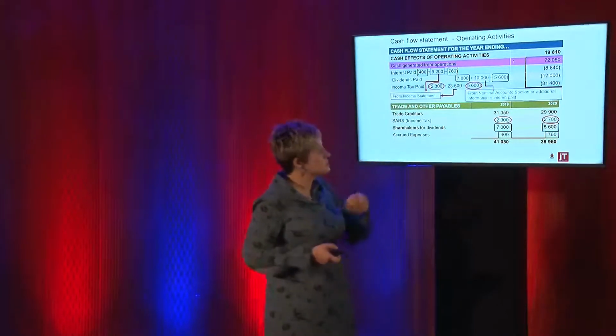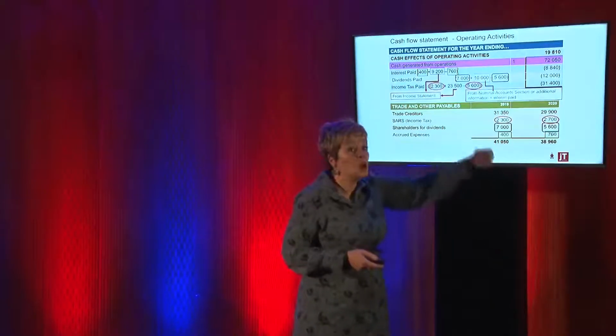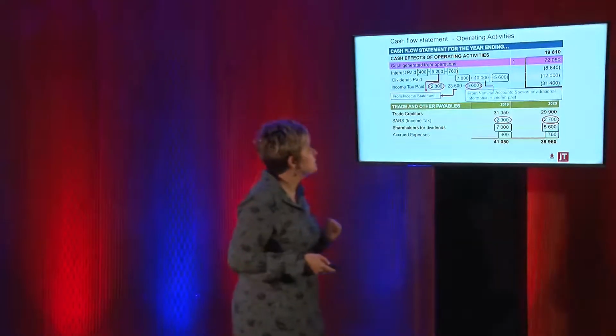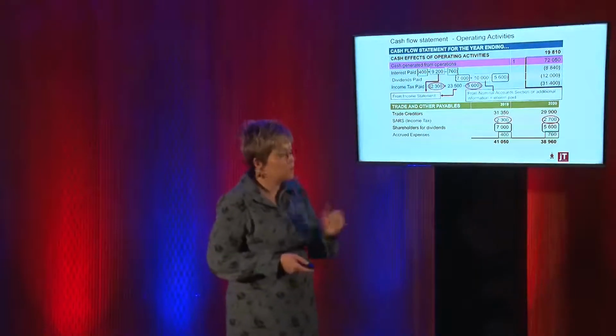Same with dividends. You have to look at what we owed last year that we have now paid, what were the full dividends that we declared and recommended and paid in the interim, and then finally what we still owe, minusing the 5,600 to get the cash value.